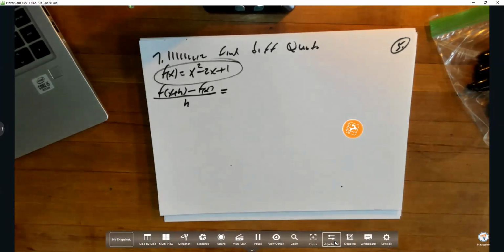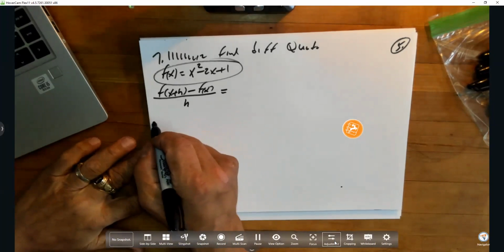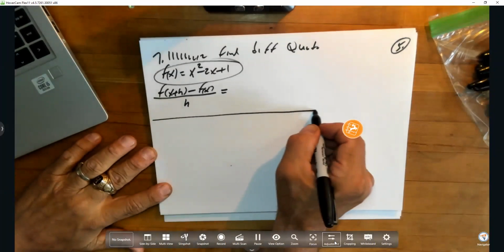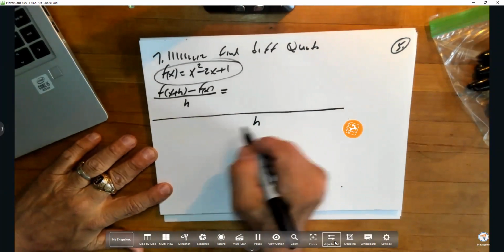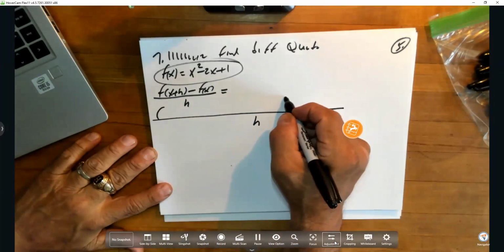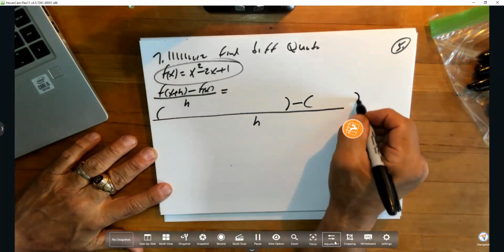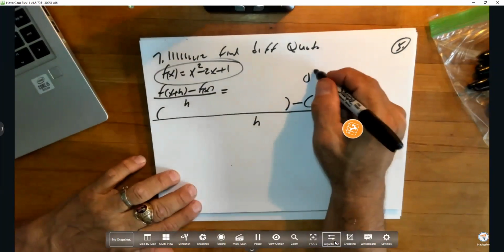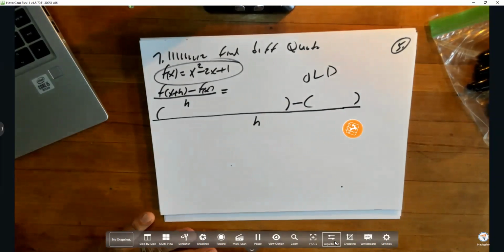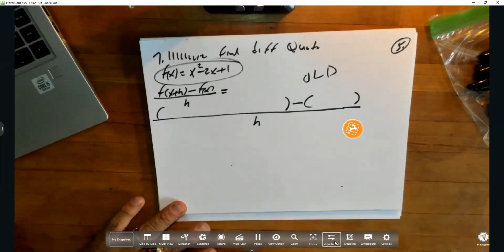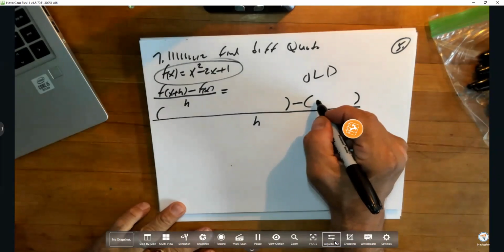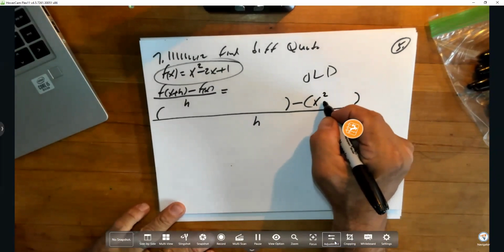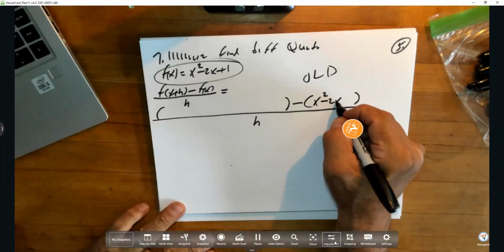So now, big line, something goes here, and something goes there. In the last block, what do you think goes right here? The old one. Is it x squared, what else? Minus 2x plus 1. Right, that's it.